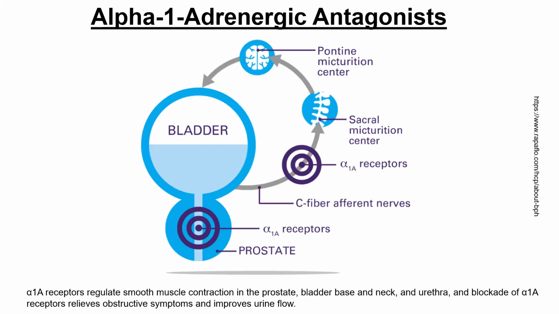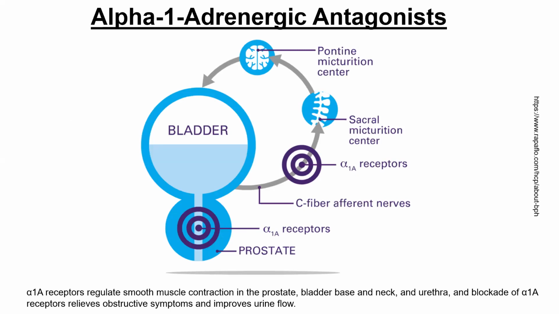So, alpha-1 adrenergic antagonists. If you remember from the autonomic pharmacology lecture, the distribution of all these adrenergic receptors in different parts of your body, one place where alpha-1 receptors are expressed a lot is in the prostate, bladder base, neck, and urethra. In all these places, alpha-1A receptors are expressed.